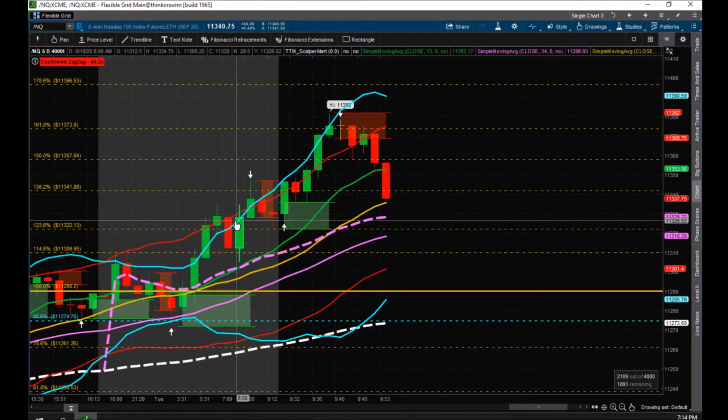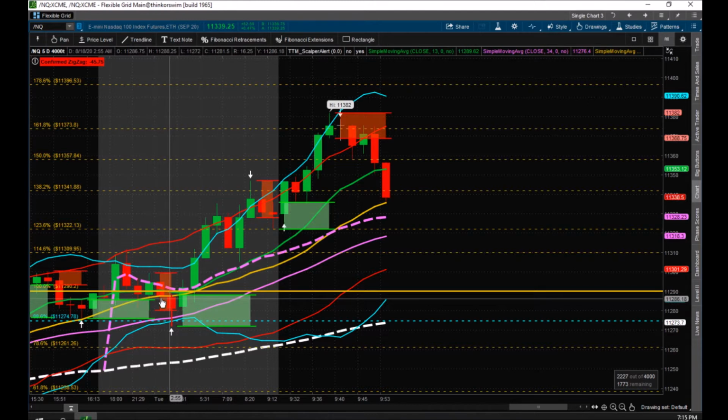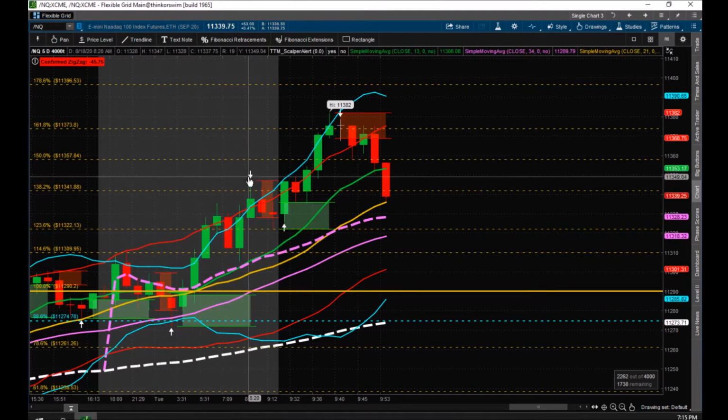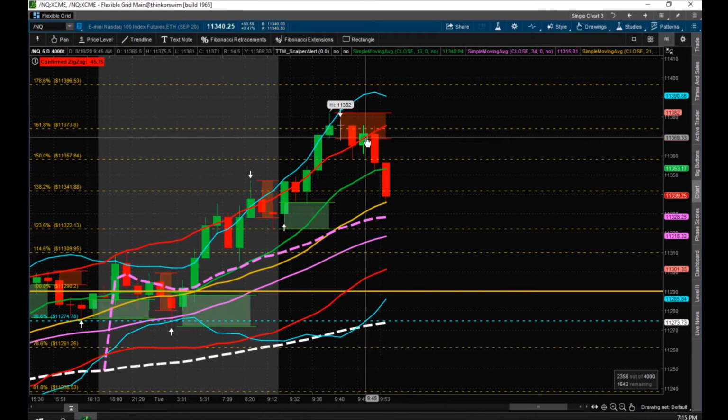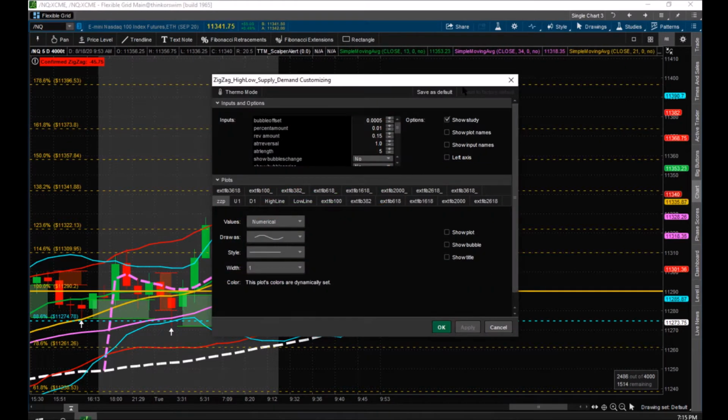Though the green box and the red box show direction, how do you get them? The red boxes, oh, that's a custom indicator. It's a custom-built indicator. It is basically a zigzag combination with supply and demand. It's all customized.